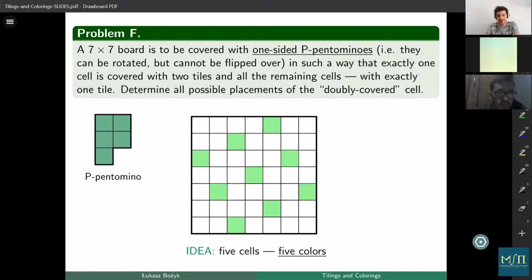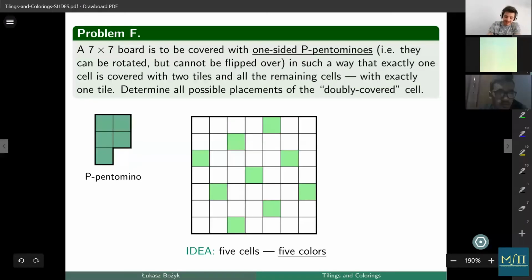This is one coloring that we use, but for most of the green cells here, you cannot find a proper tiling covering those cells twice. In order to come up with another coloring that resolves the problem to the very end, we can stare a little bit longer at our argument here with 9 cells.